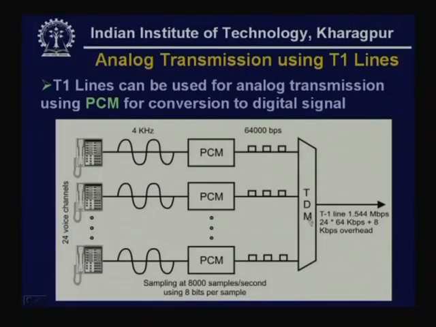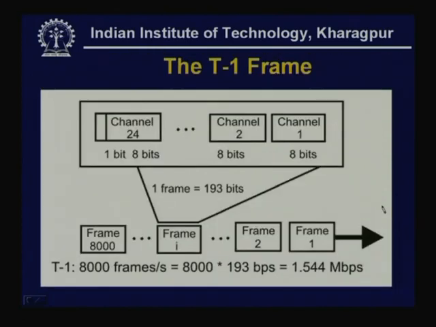Now it is time division multiplexing, combining those 24 voice channels of 64 kilobits per second, and it has got 8 kilobits per second overhead, and this overhead is essentially for the purpose of synchronization. Synchronization bits are there, as shown in this diagram.